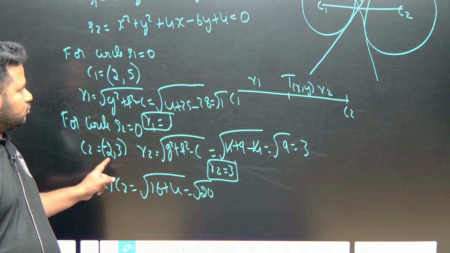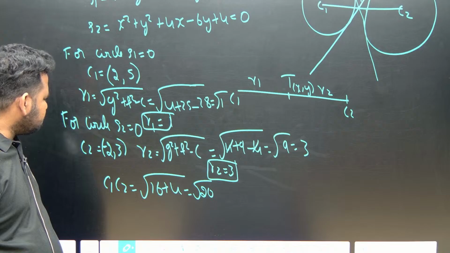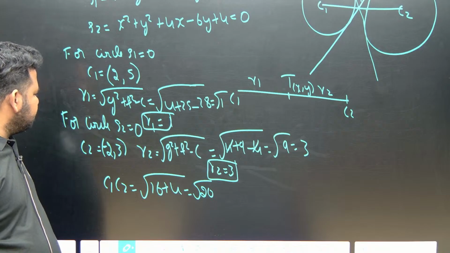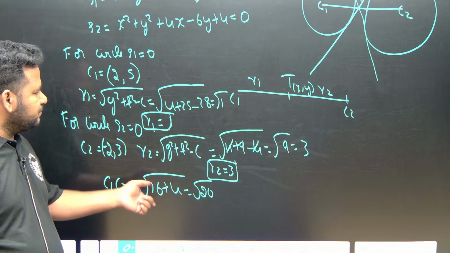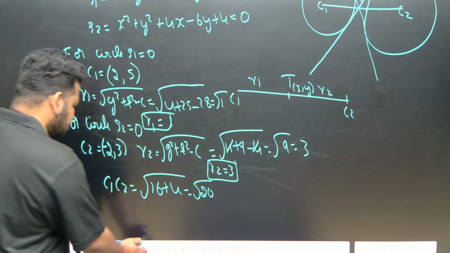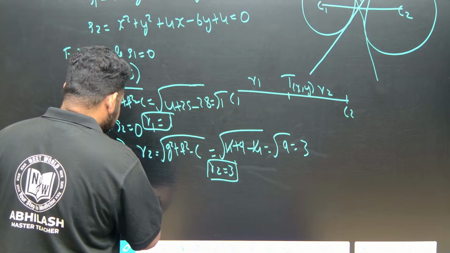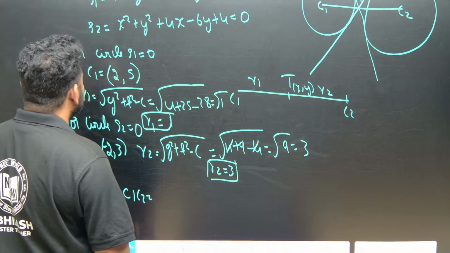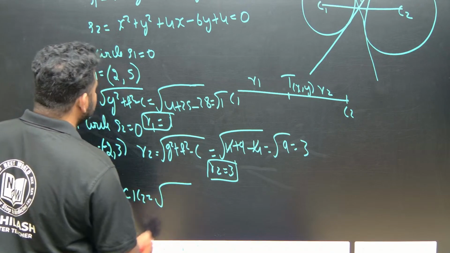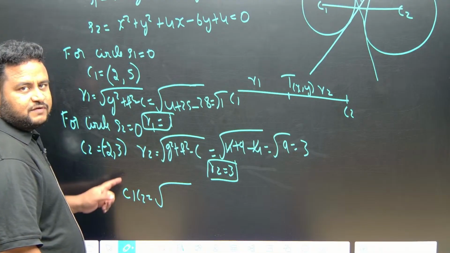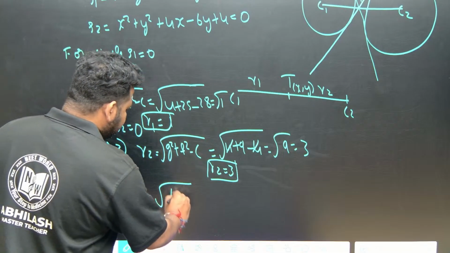By the distance formula, x2 minus x1 gives minus 4, and 5 minus 3 is 2, so this will become 4, which is equal to 2.